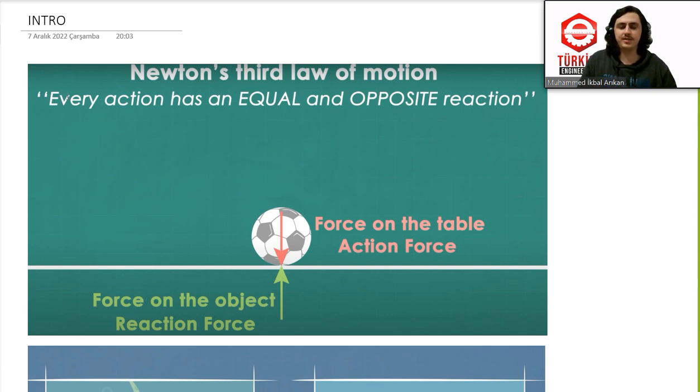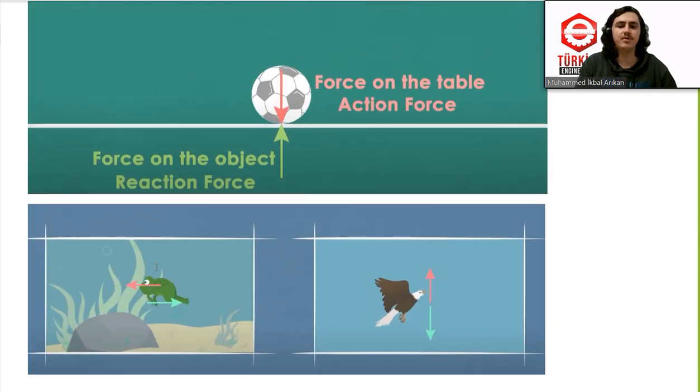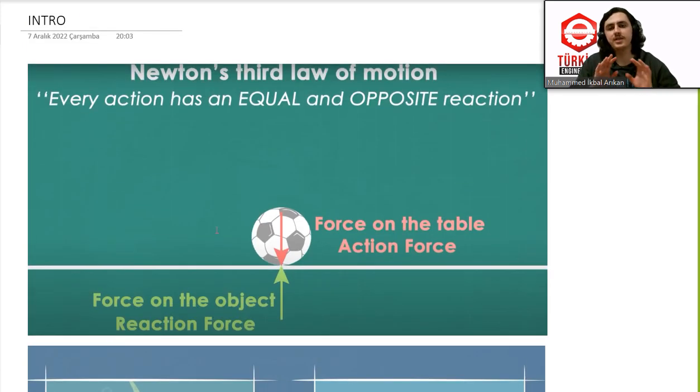I have just digital sources here, so I cannot show them now, but I gave some examples, just some words: a frog, a bird, when you're swimming, and when your weight is pushing down, the ground will push you up. But when we solve some examples, you will see real life examples and how we apply Newton's laws on real life questions.